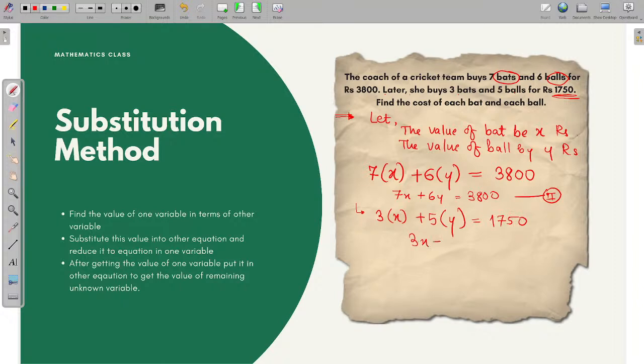So 3x plus 5y is equal to 1750 is the second equation. Clear? Got it? Now we have two equations, and which method we have to use? We have to use substitution method.